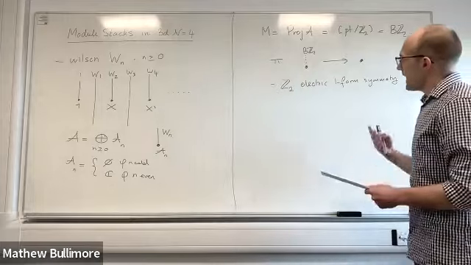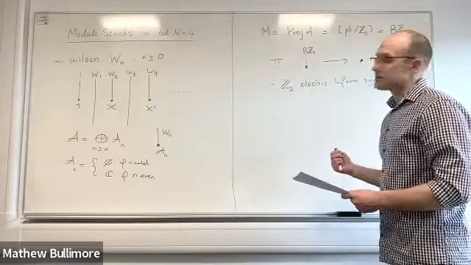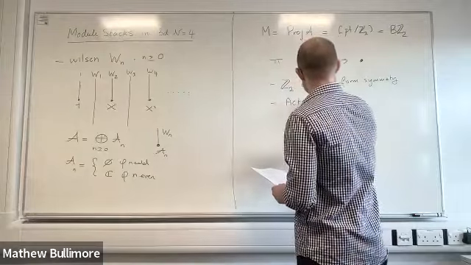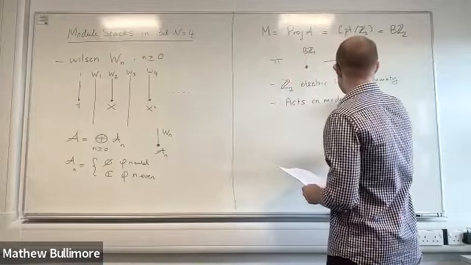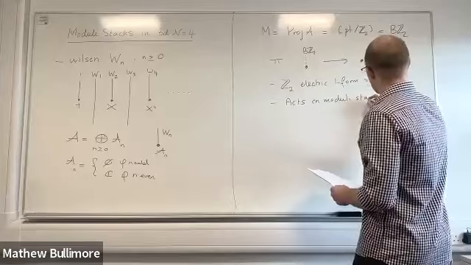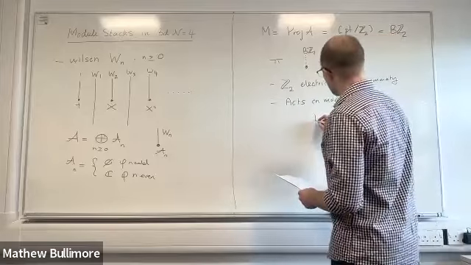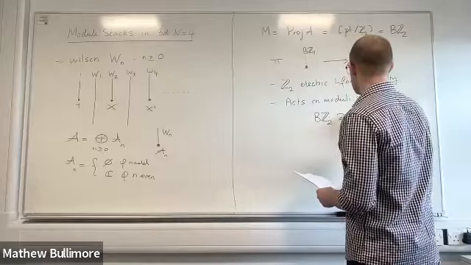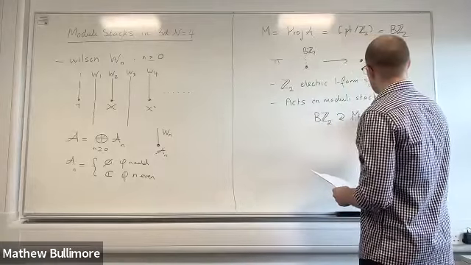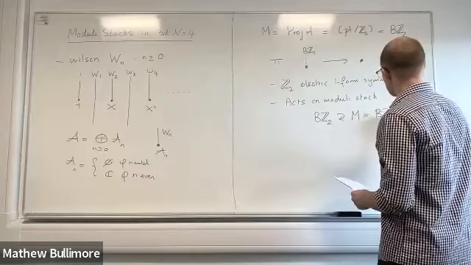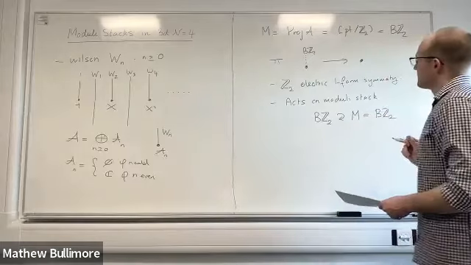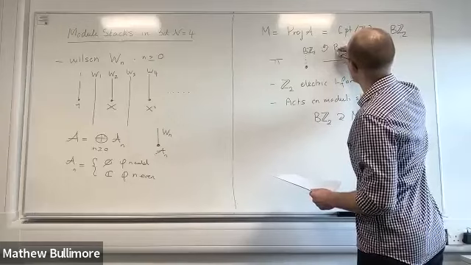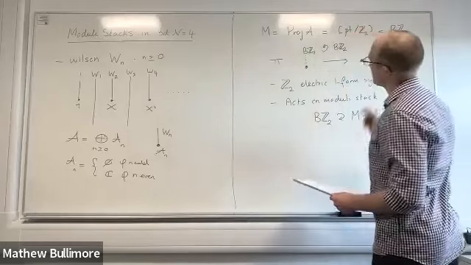And that now acts on the moduli stack. The way that works is that there's always, I'm not really explaining it, but there's always a natural action of BZ2 on itself. And so the one-form symmetry kind of acts here on the fibers of this map.